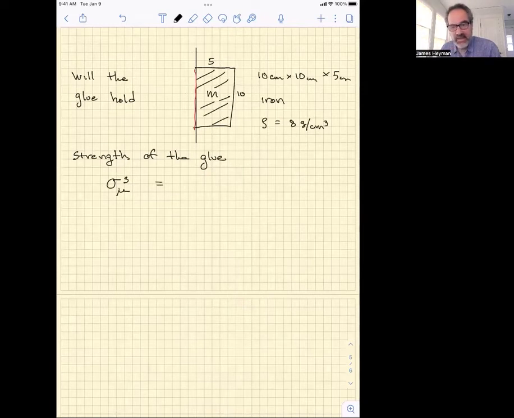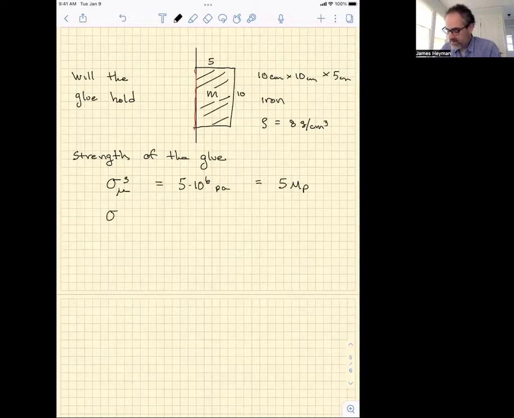Here we write sigma S, that's shear stress, and then the U underneath means ultimate. So the point at which it will fail. And the maximum strength of a typical epoxy might be 5 million pascals, or more commonly, 5 megapascals.